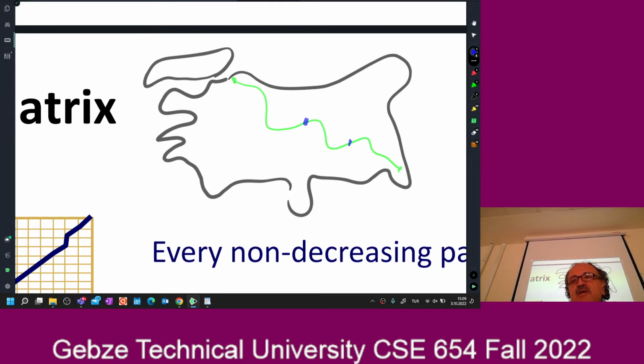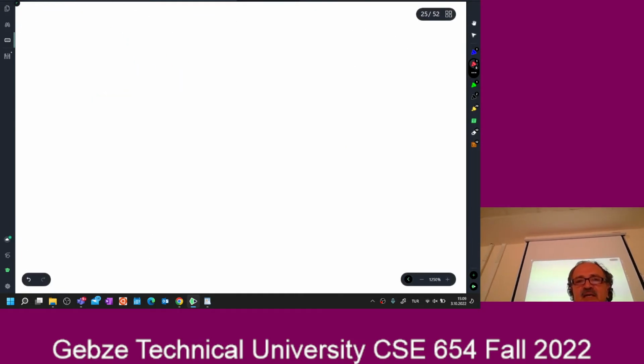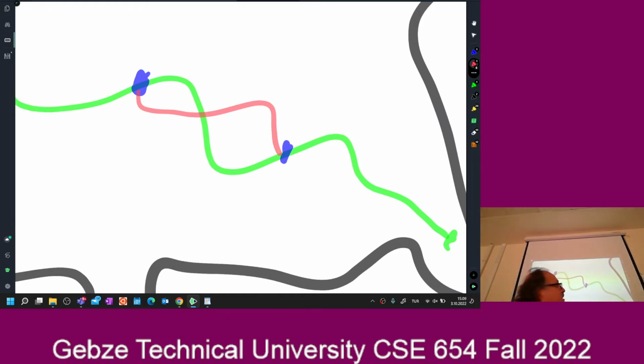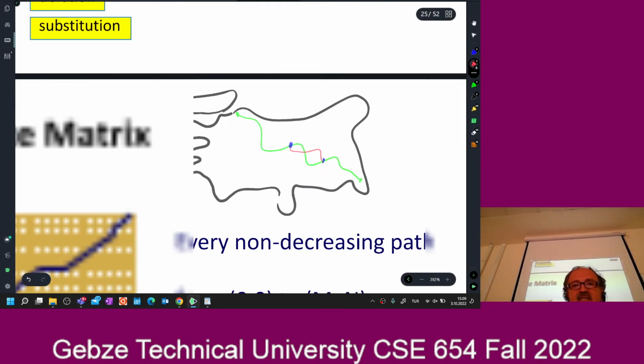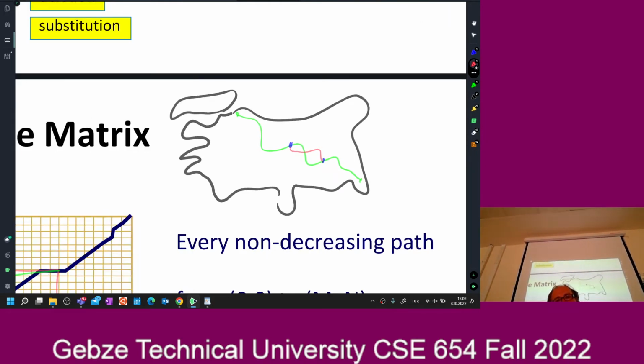Because if there is a better path between Sivas and Malatya like this maybe, then instead of following this green path, I would follow the red path, and the distance between Kocaeli and Hakkari would have been shorter, right? That's the optimality. That's dynamic programming and the principle of optimality.